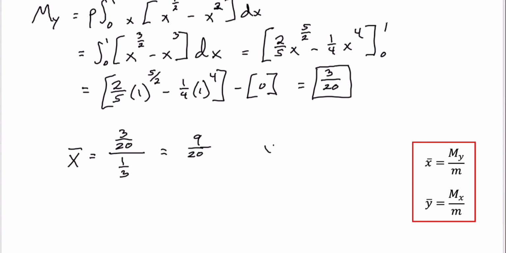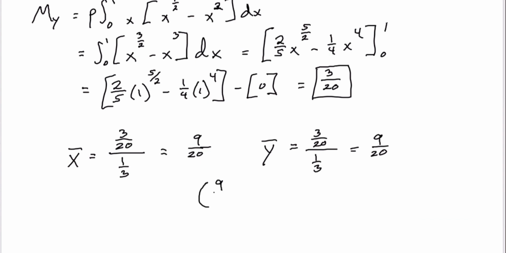And then y bar is the moment about the x-axis, which we found a moment ago. That was also 3/20 divided by the mass, 1/3. We get 9/20. So the centroid, 9/20, 9/20.